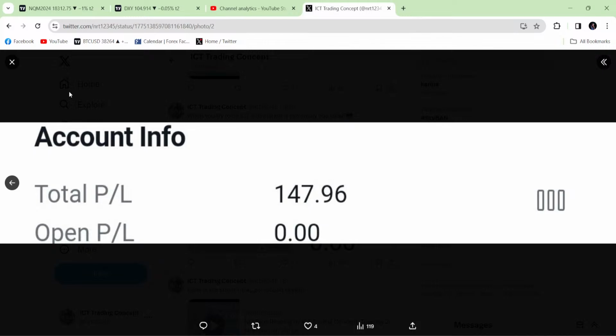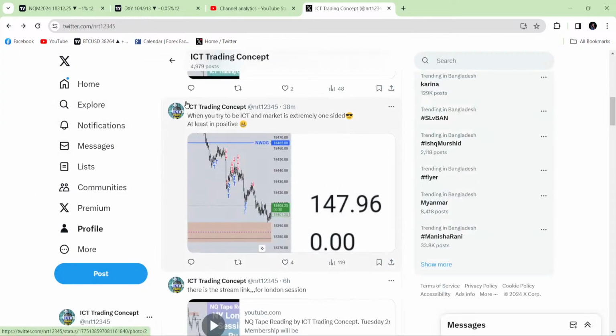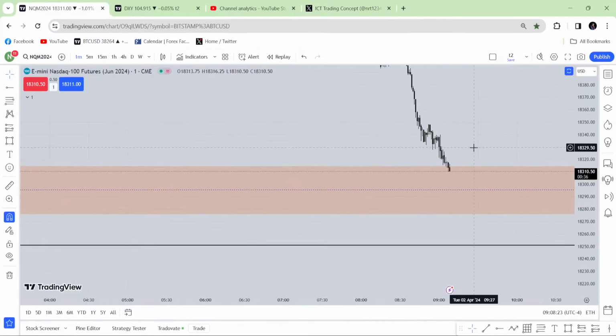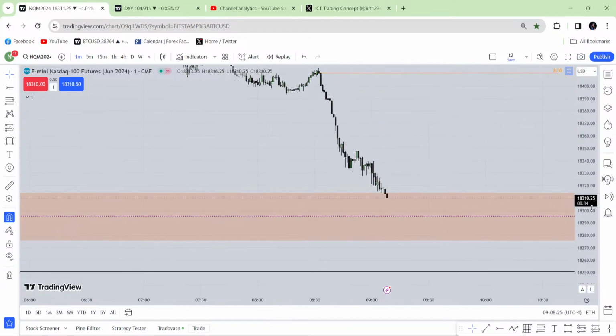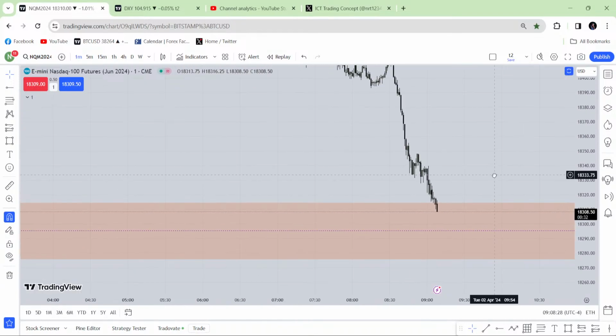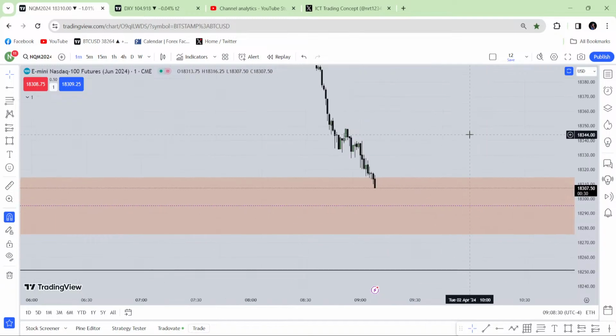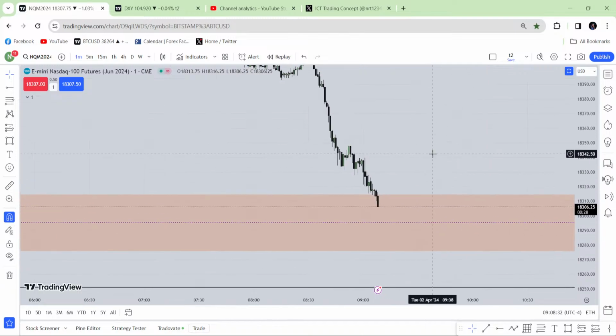To be honest, I should have been in minus, but yeah, I'm happy that I'm still in positive. So I will try to catch some move from the AM session, and I believe that I'll be okay with that. Let's see how it reacts.